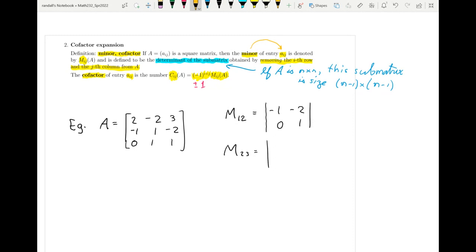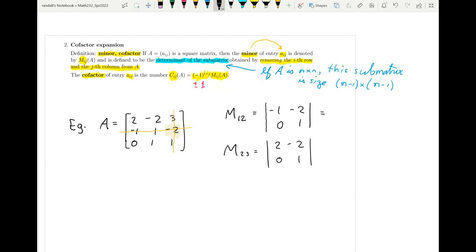So maybe this time I will write it out. I'm going to remove the second row and the third column. This is the A23 entry I'd be considering. The minor associated with that entry would be the 2 by 2 matrix I see there that's not covered by the yellow lines: 2, minus 2, 0, 1. All right, so there they are.